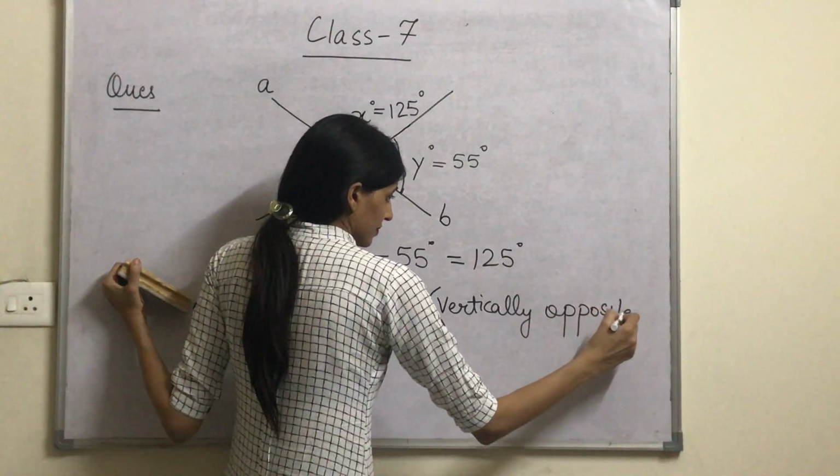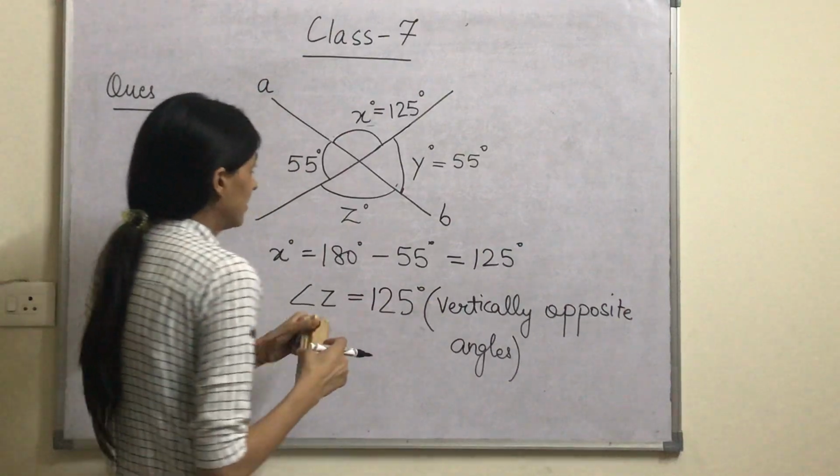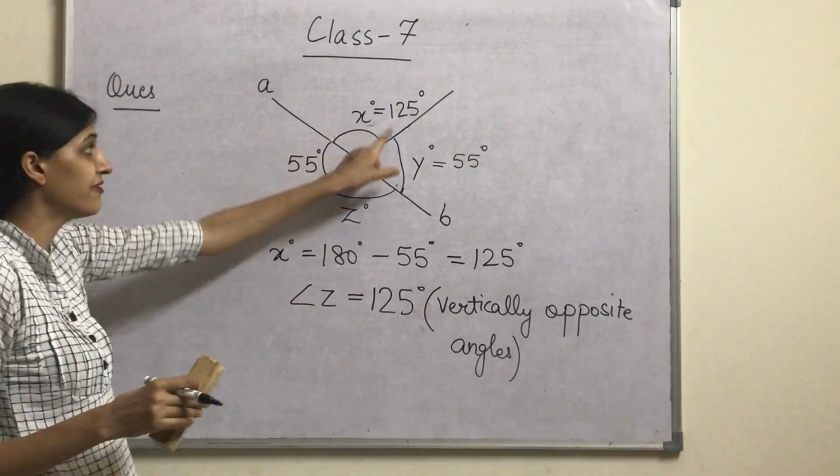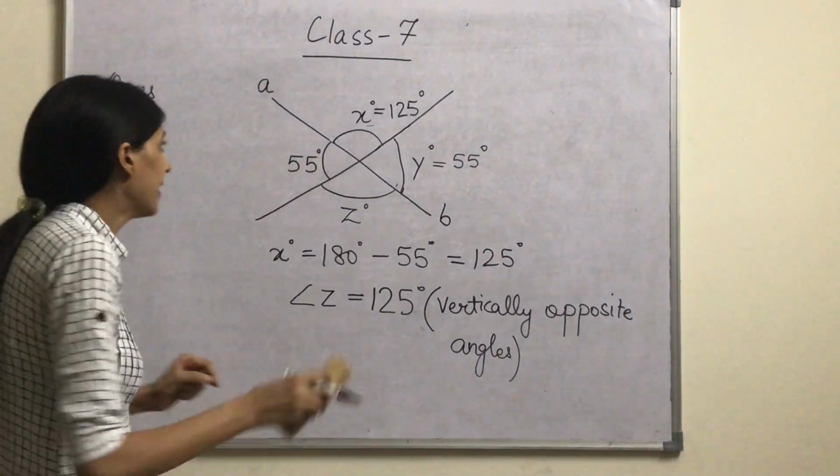So in this way we can find out the angles. If this angle is 125, this is also 125, vertically opposite angles.